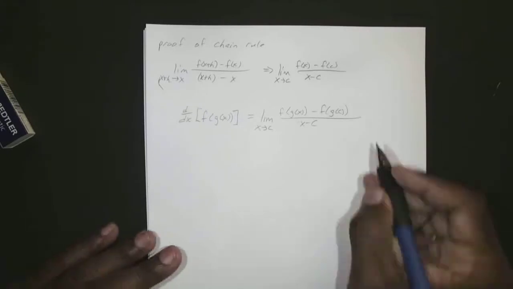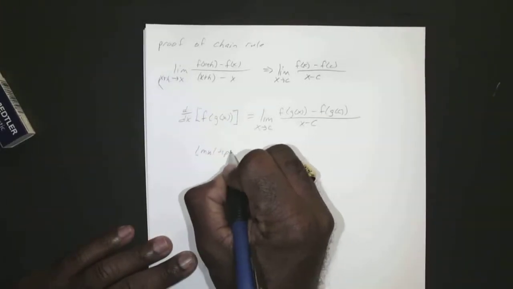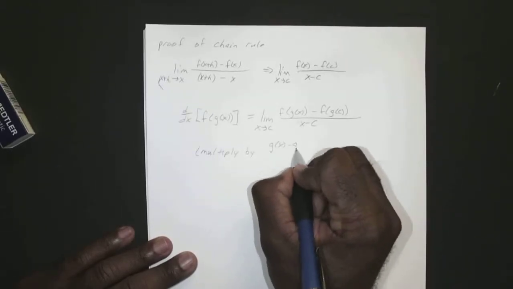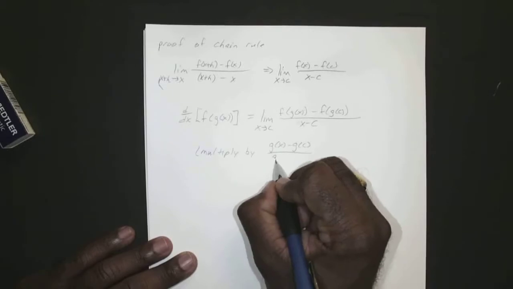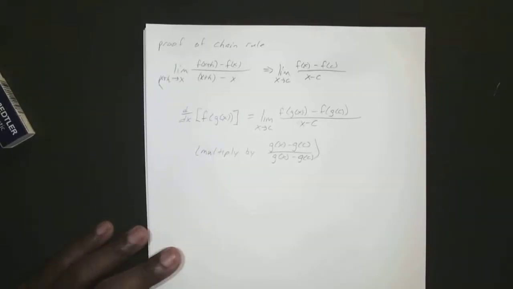Okay. So now we're going to multiply this by g of x minus g of c over g of x minus g of c. Just our way of kind of manipulating the equation a little bit.